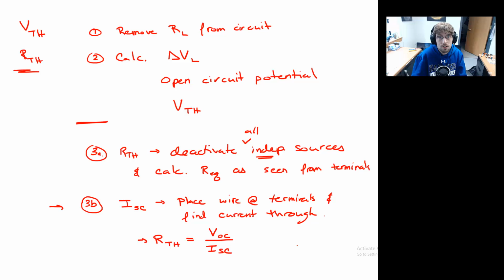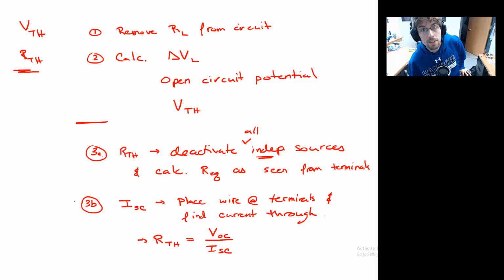Plug it back into your thing. Boom, you've got your short circuit current. So the second method tends to be faster from an experimental standpoint. From calculating theoretically, it's a mixed bag. It depends on what the circuit looks like. But from an experimental point of view, the second one's probably the faster of the two. Just be aware.